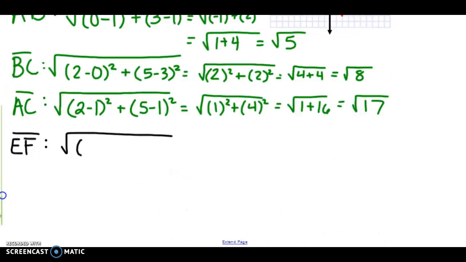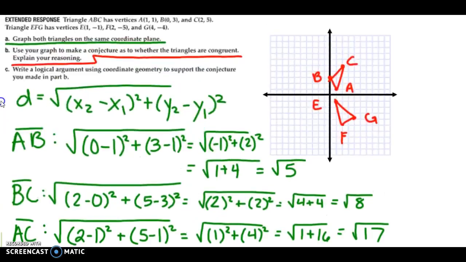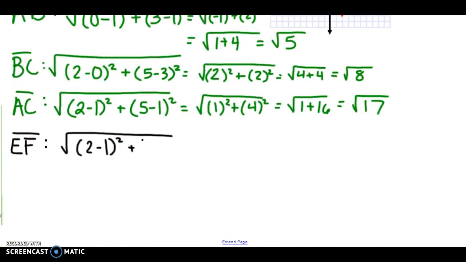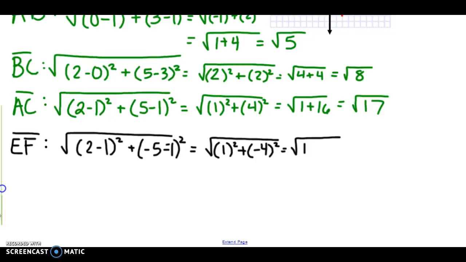So the square root is going to be 2 minus 1 squared and negative 5 minus 1, negative 1 squared. So that would be 1 squared, and negative 5 minus a negative is like adding. So negative 5 plus 1 would be negative 4 squared. Okay, and I'd say 1 plus 16, square root of 17.